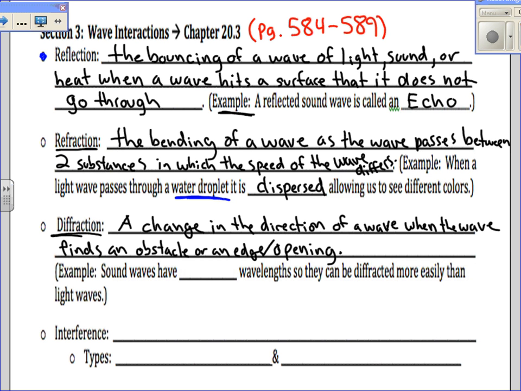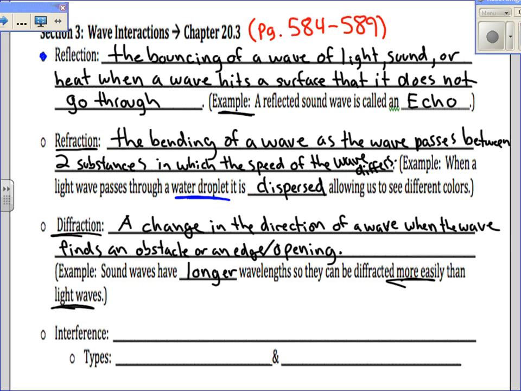For instance, sound waves have longer wavelengths, so they can be diffracted more easily than light waves. Once again, diffraction is the change in the direction of a wave when the wave finds an obstacle or an edge or opening.